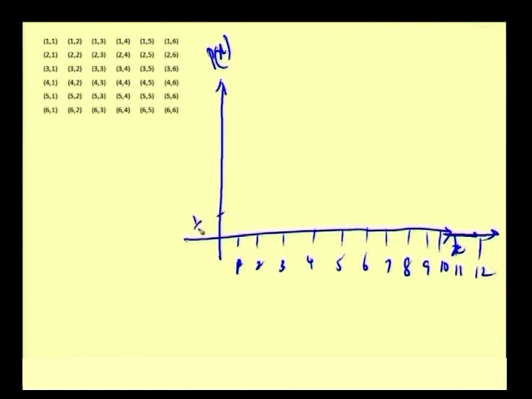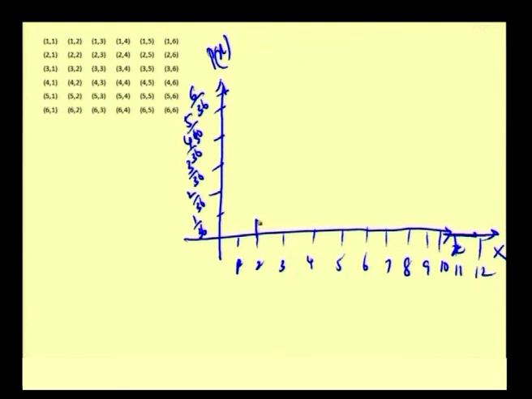For P of x, what are the possibilities? 1 by 36, 2 by 36, 3 by 36, 4 by 36, 5 by 36 and 6 by 36. This is the x axis, and we have the x values starting from 2 to 12.